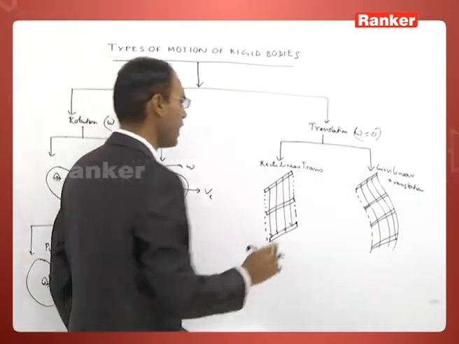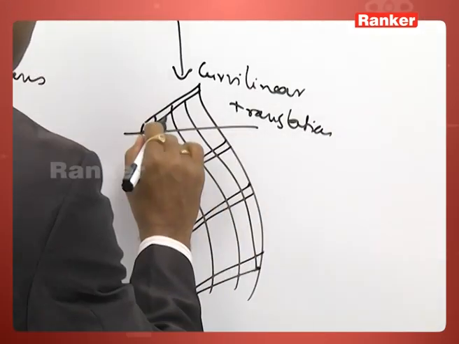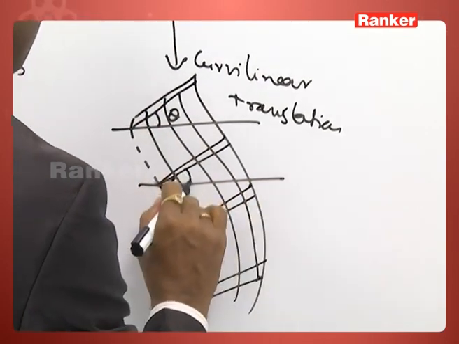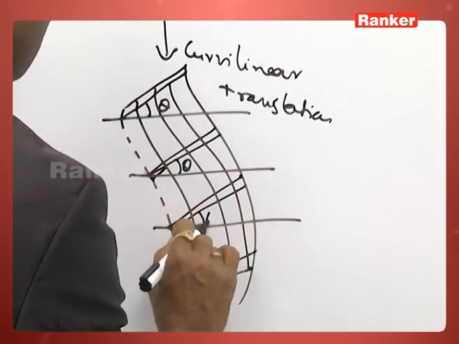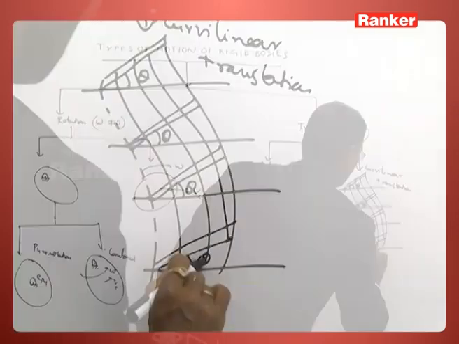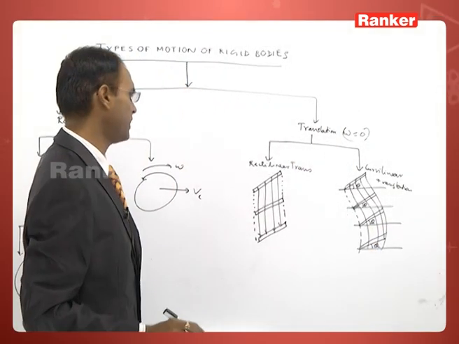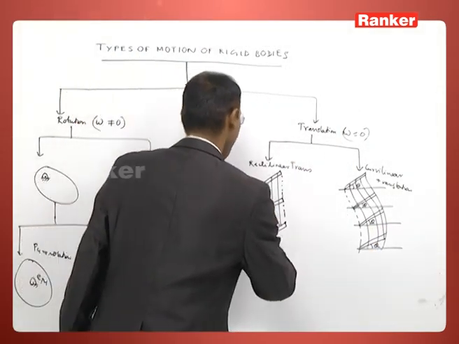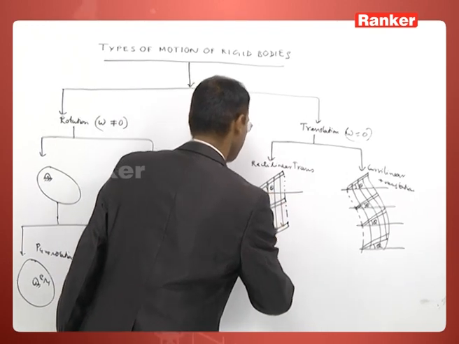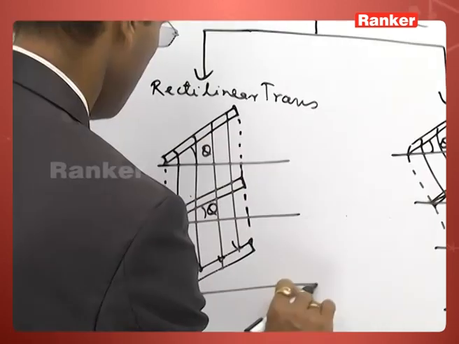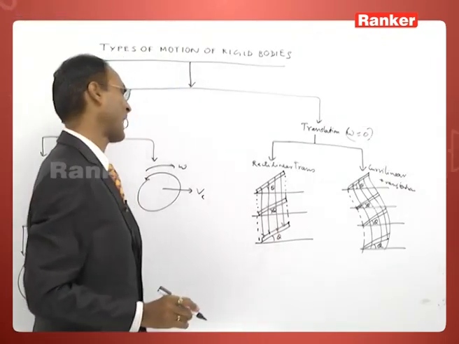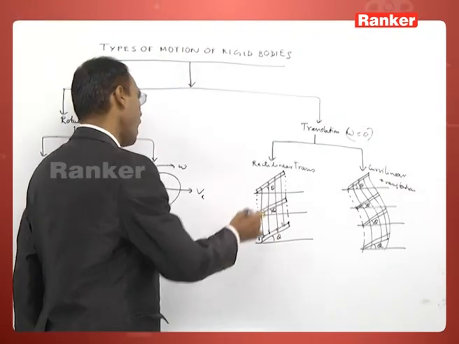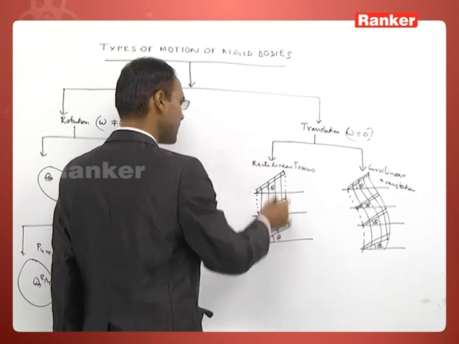It's not rotating because the angle made by the rod with respect to horizontal does not change. But here there is a difference. In rectilinear translation all points move in parallel straight lines.